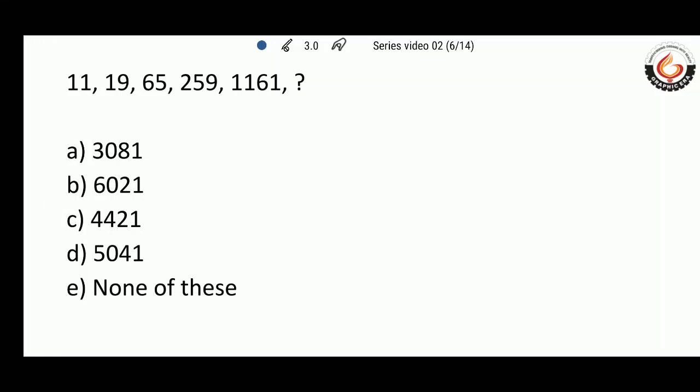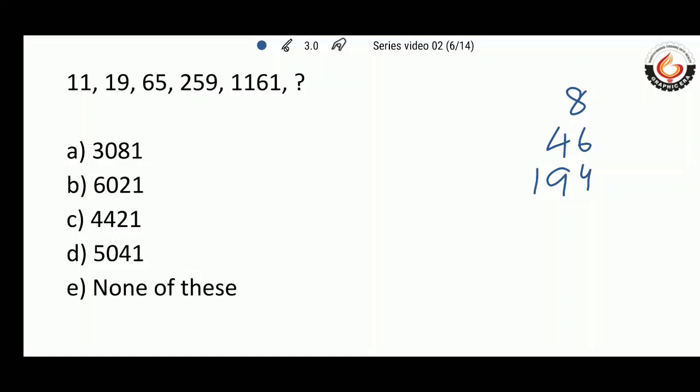Now in this question, what we can see is that there is an addition of 8 first of all, then there is an addition of 46, then close to 200, I guess it is an addition of 194. We need to find a pattern.